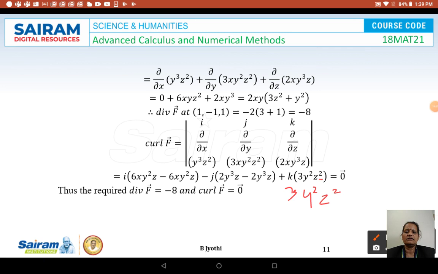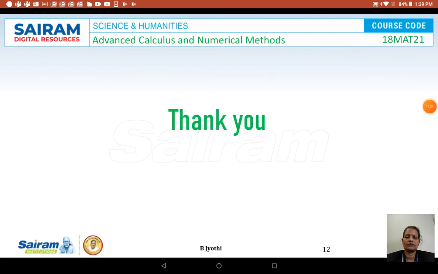Here also we get the same term. Therefore, all the terms get cancelled for i, j as well as k. Therefore, the curl f will be equal to 0 and div f will be equal to −8. Thank you.